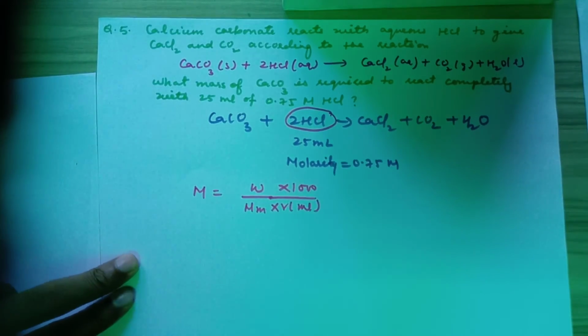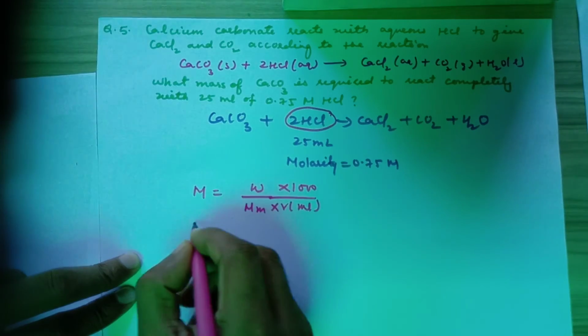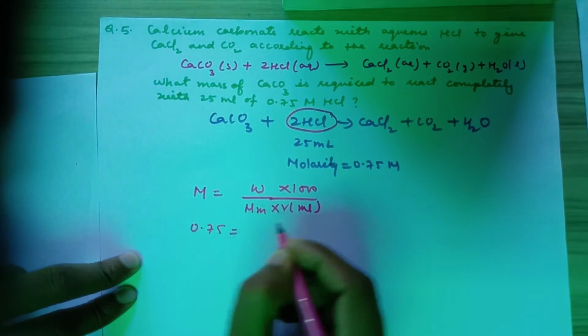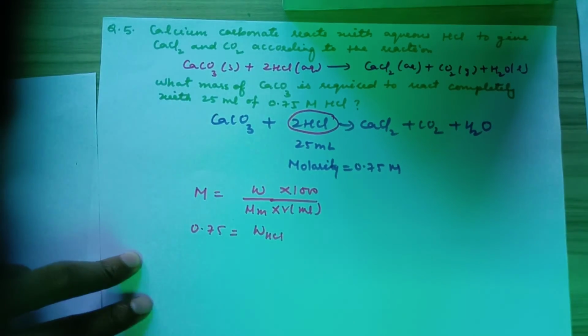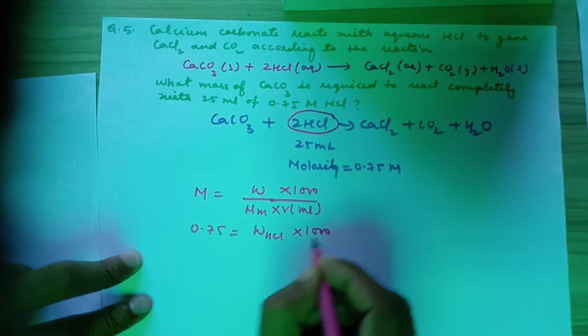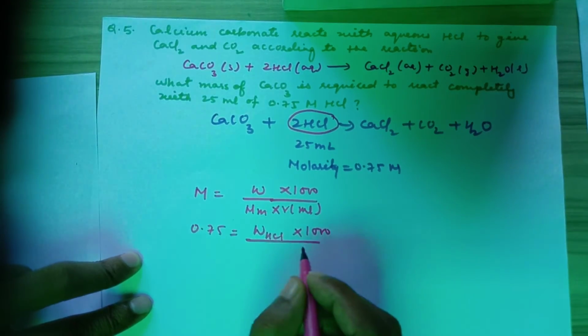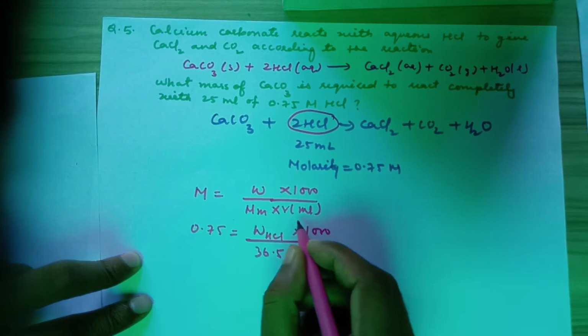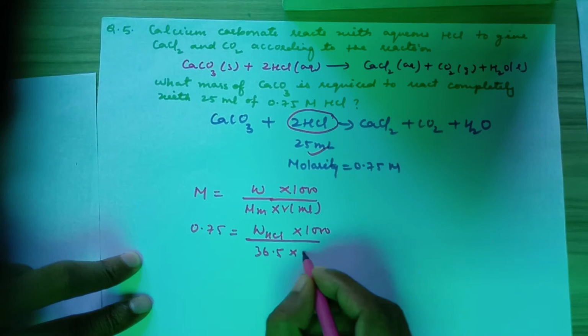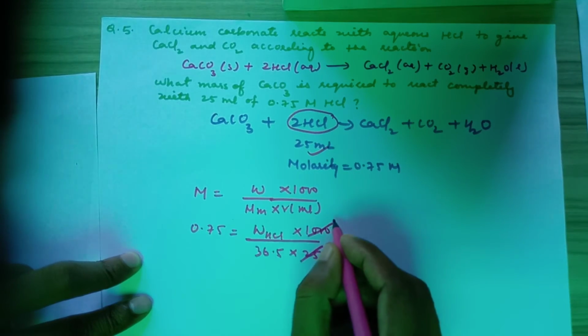Molarity is given as 0.75. We have to find W, that is the weight of HCl. Molar mass of HCl is 36.5. Volume is given as 25 ml. Now we just have to solve it.